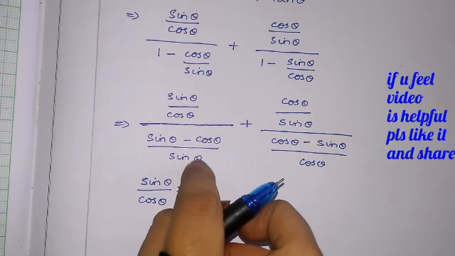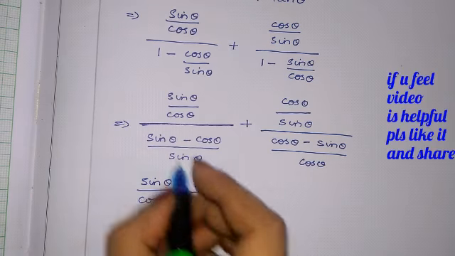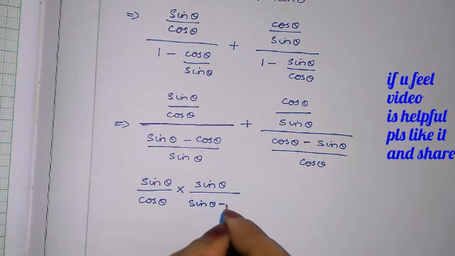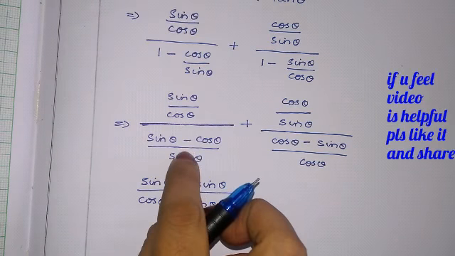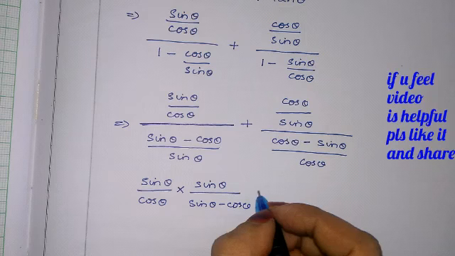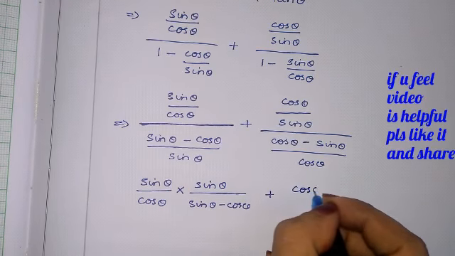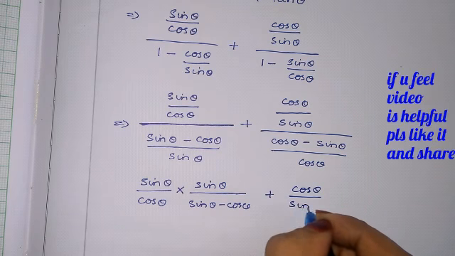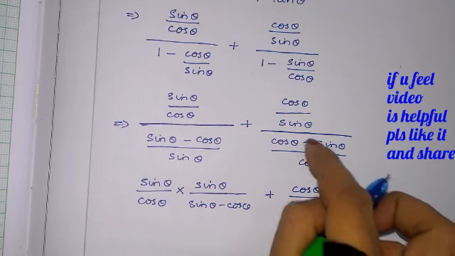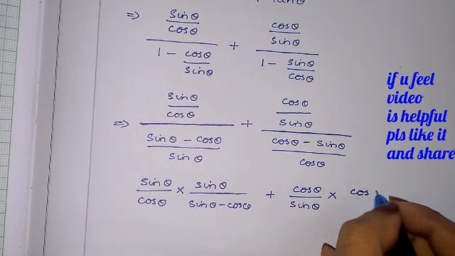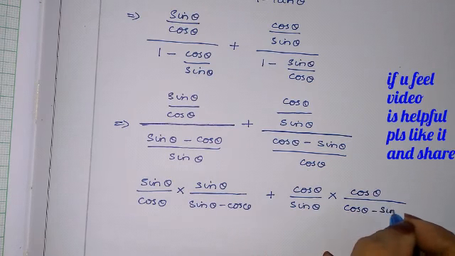Sine theta minus cos theta upon sine theta is there, so sine theta upon sine theta minus cos theta. Reciprocal, divide will become multiply, then the denominator should be reciprocal. Same thing, plus I will write as it is. Cos theta upon sine theta as it is. Divide will become multiply if we reciprocal this. Cos theta upon cos theta minus sine theta.